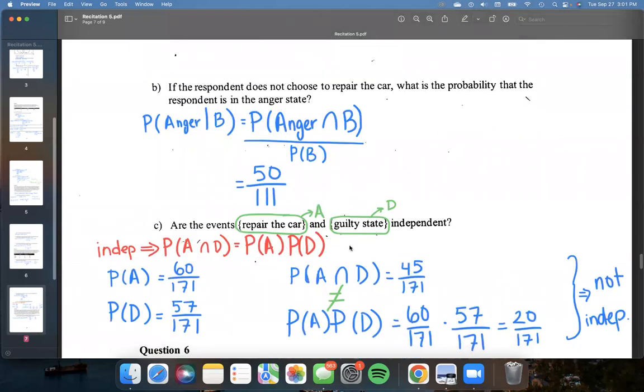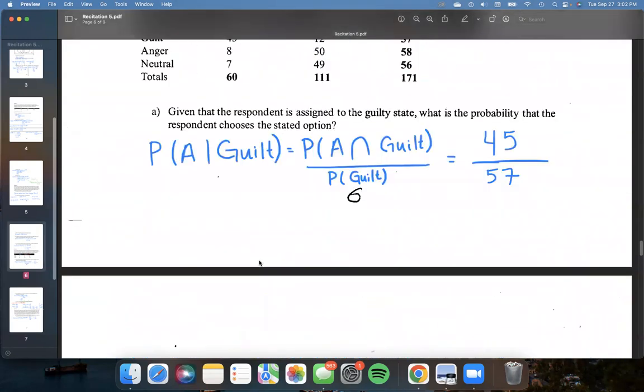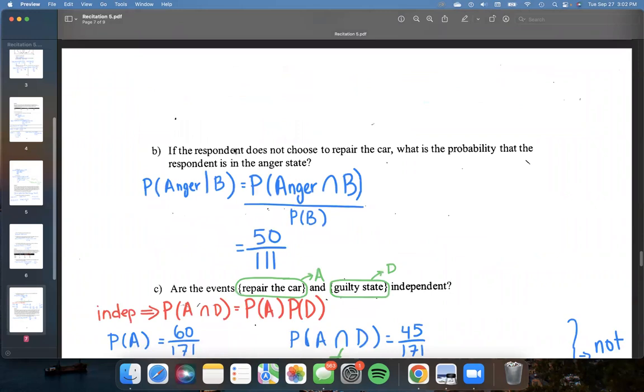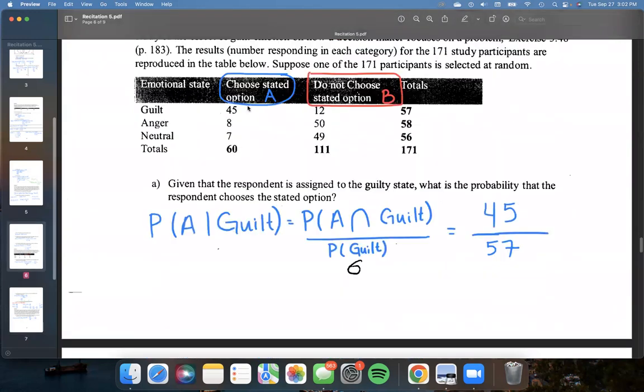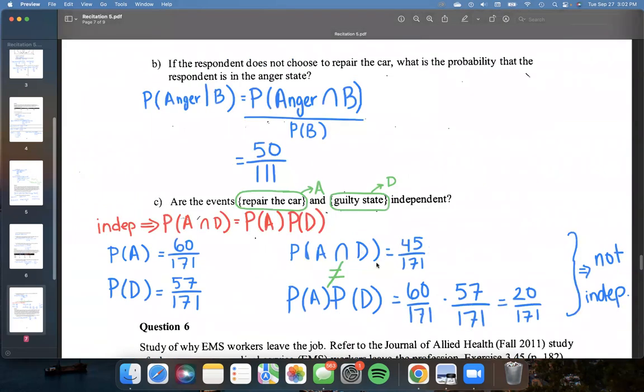Okay, and then we want to find the intersection of A and D. So the probability of A and D, which D was anger, right? No, guilty, sorry. So guilty, that would be 45 because we're in column A, and then guilt, 45 out of our total, which is 171.